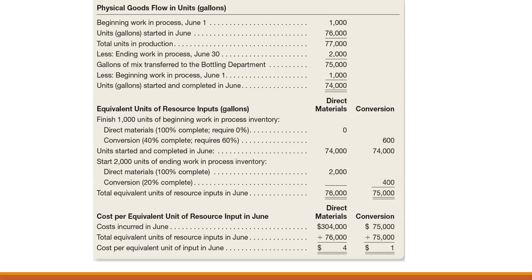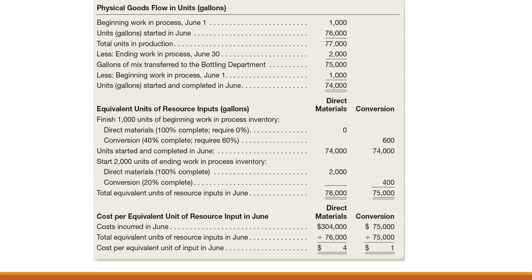So those first 1,000 units in our beginning work in process inventory, remember they were 100% complete for direct materials. So we're going to have 0 equivalent units for our direct materials. They were 40% complete for conversion. They need another 60%. So our equivalent units of those 1,000 work in process units is 1,000 times 60%, or 600 units.